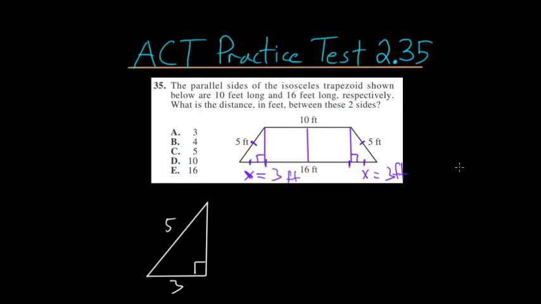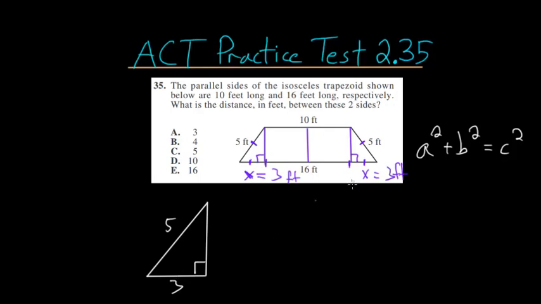And the Pythagorean theorem, in general, you can remember, is just a squared plus b squared equals c squared, where a and b are just the legs of the triangle, and c is the hypotenuse. So this 5 would be c, and you can call 3 either a or b.